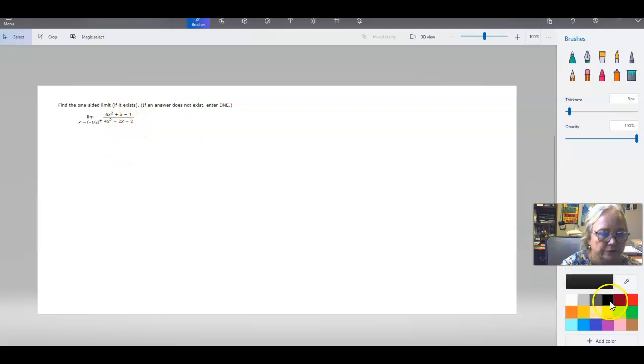So let's try it. 6x squared plus x minus 1 in factored form will be 3x and 2x.